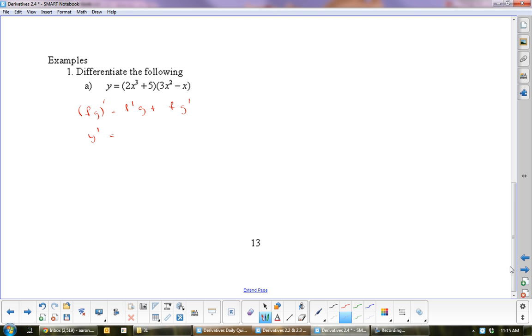What's the derivative of, we'll call this f, and this one g. What's the derivative of 2x cubed plus 5? 6x squared. So it's derivative of the first times second, and you leave it alone. Plus f, left alone.